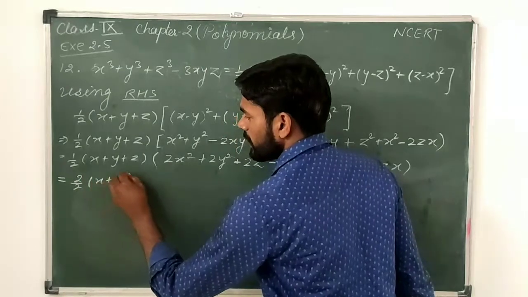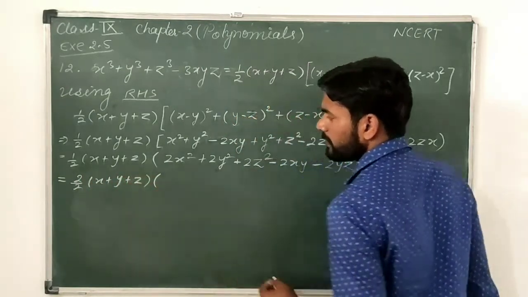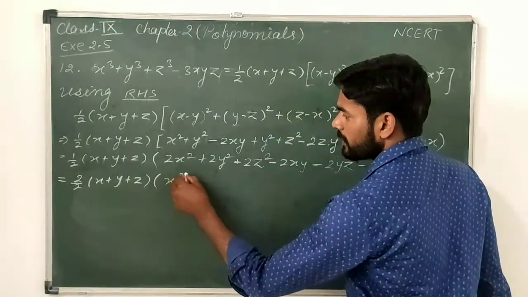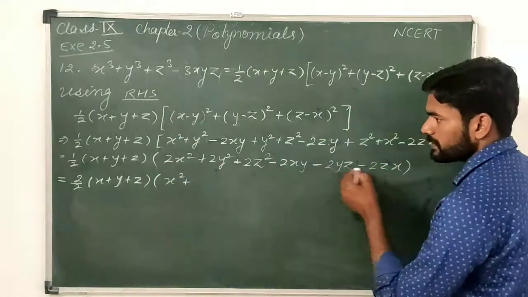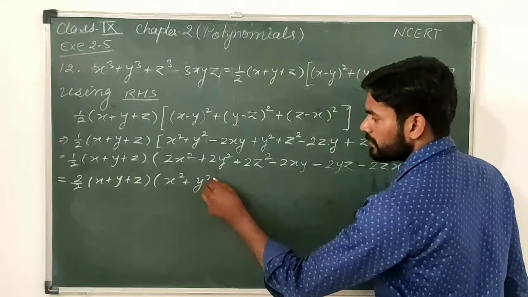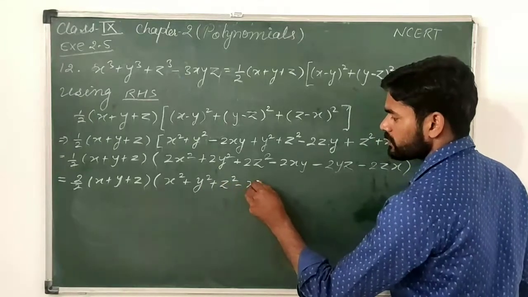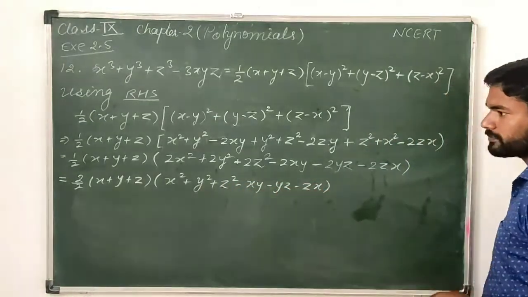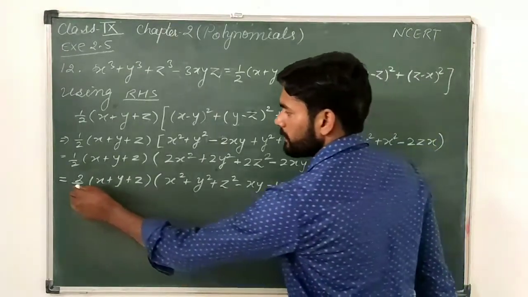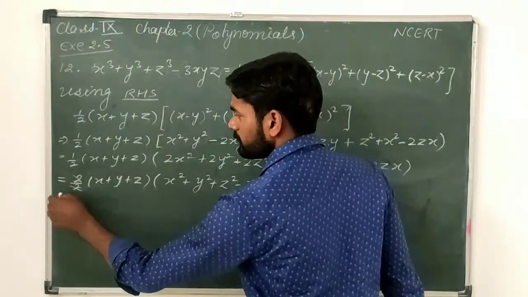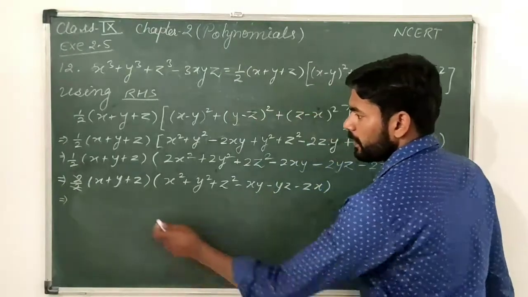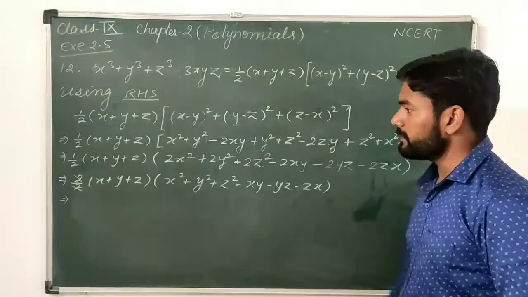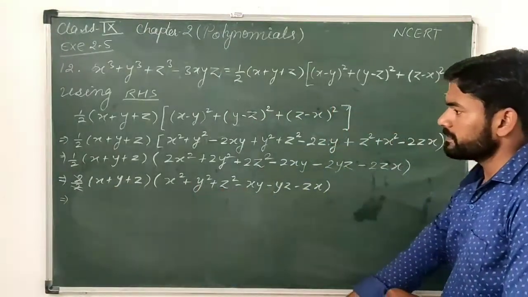Half (x plus y plus z), and what are the remaining values? 2 is gone from all the steps: x square, y square, z square, minus xy, yz and zx. The 2 cancels by 2. Open this and this, meaning multiply this term with this term.